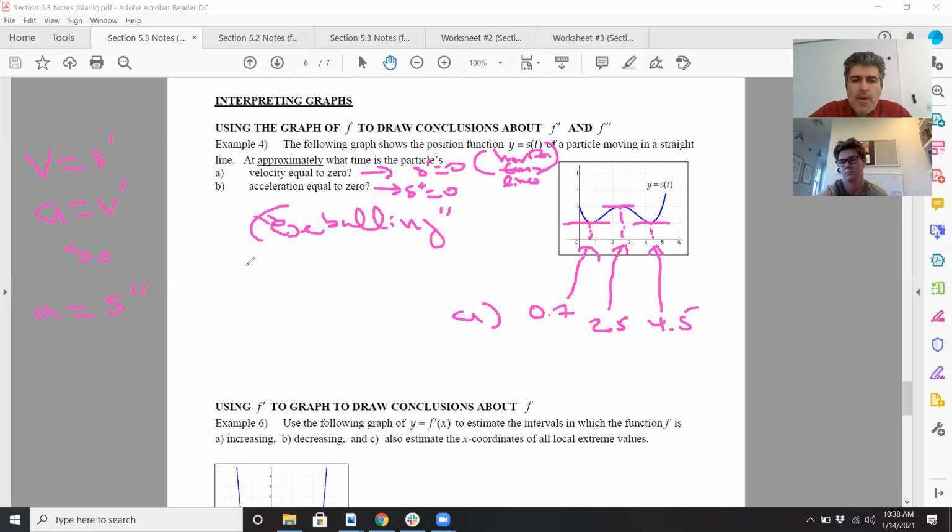You want to see where s prime changes from increasing to decreasing, or vice versa. So what do I mean by that?